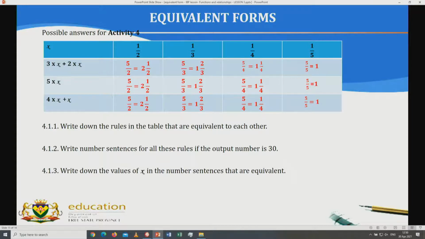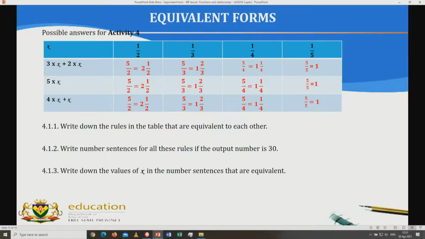Let's do the calculation to check how we got the first one so that we can continue with the next answers. It is 3 multiplied by x plus 2 multiplied by x. I'm only going to take the first row.